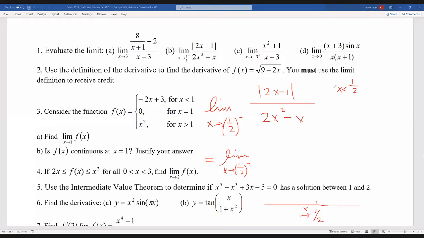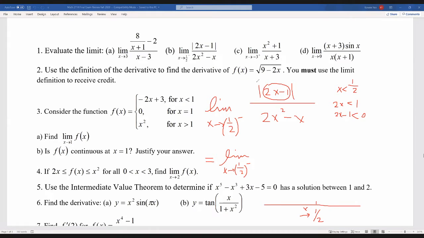Double it, so 2x is less than 1. Minus 1 on either side, you can see that 2x minus 1 is less than 0. So if x goes to 1/2 from the left side, 2x minus 1 is a negative number, right?